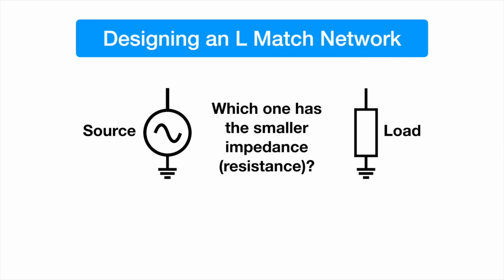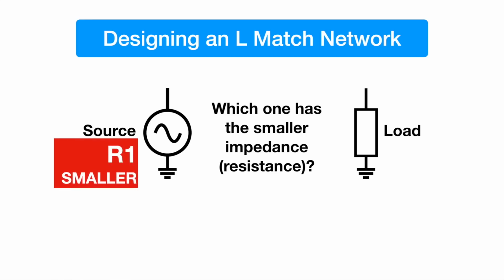Whichever one it is, and it doesn't matter whether it's the source or the load, I would suggest you refer to the smaller one as R1, and whichever one is the larger, call it R2.